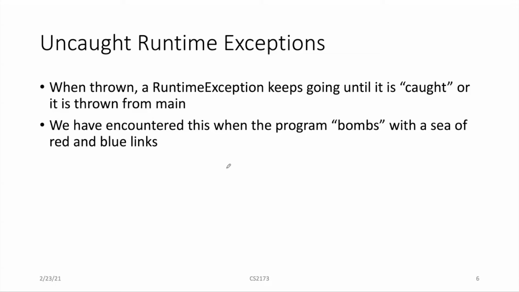And if you don't, it goes back to the calling method of that, and it keeps going until it reaches main. And when it reaches main, if it doesn't get caught, it gets thrown out of main, and that's when you get all that sea of red. So when the program bombs, an exception has percolated up and not been caught by anybody.